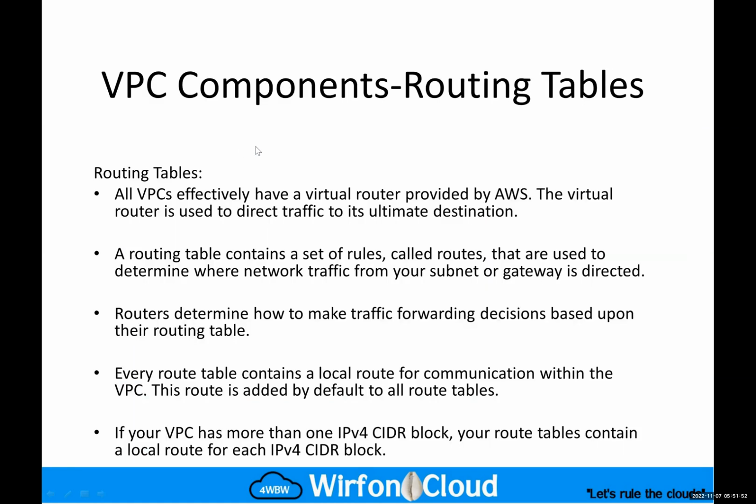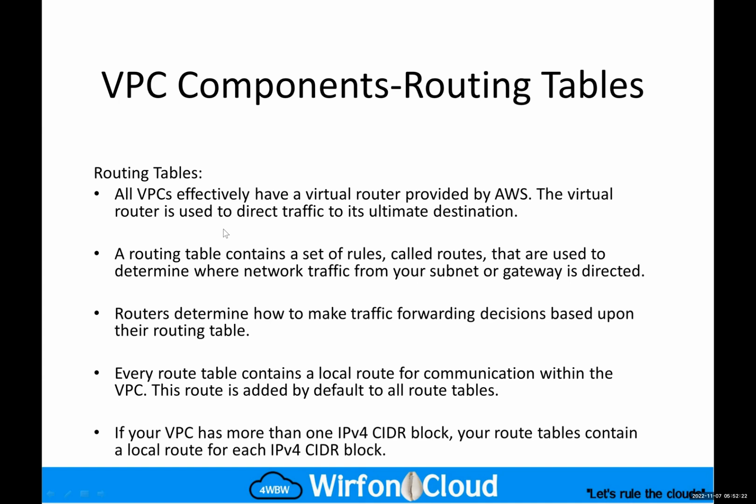So another component of VPCs that we saw is called routing tables. These routing tables are used for routing requests within or outside the VPC. All your VPCs effectively come with a router, something that decides where a request is going by looking at the routing tables.